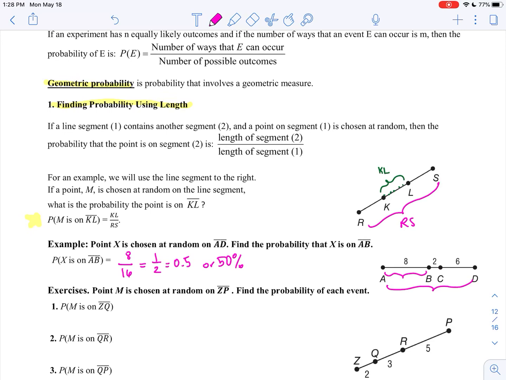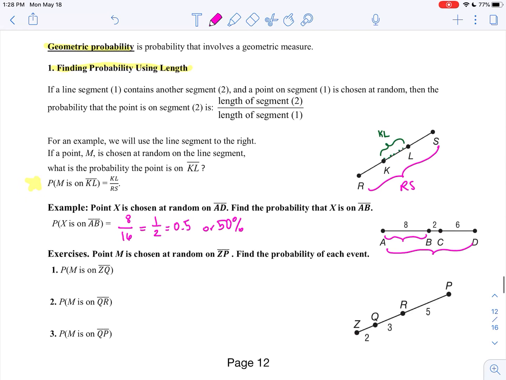On exercise 1, point M is chosen at random on the entire length of ZP. Find the probability of each event. What's the probability that M lies on ZQ? We would need to know the length of ZQ and put it over the entire length of ZP. The length of ZQ is 2, and the length of ZP is the sum of 2 plus 3 plus 5, or 10.